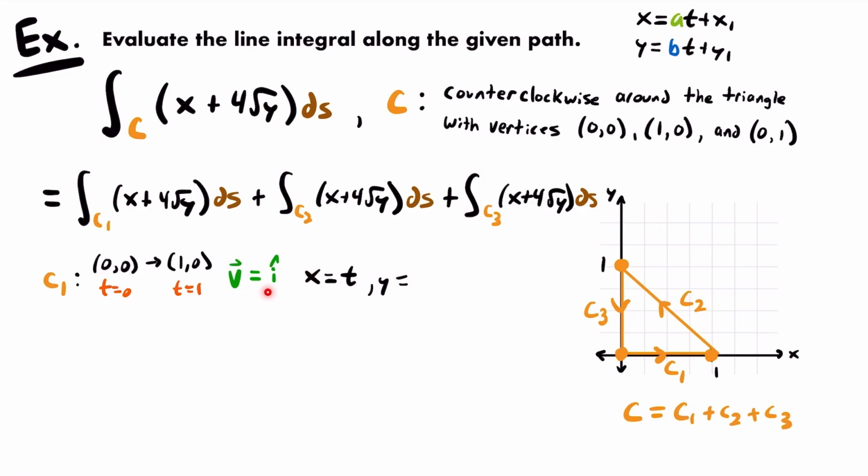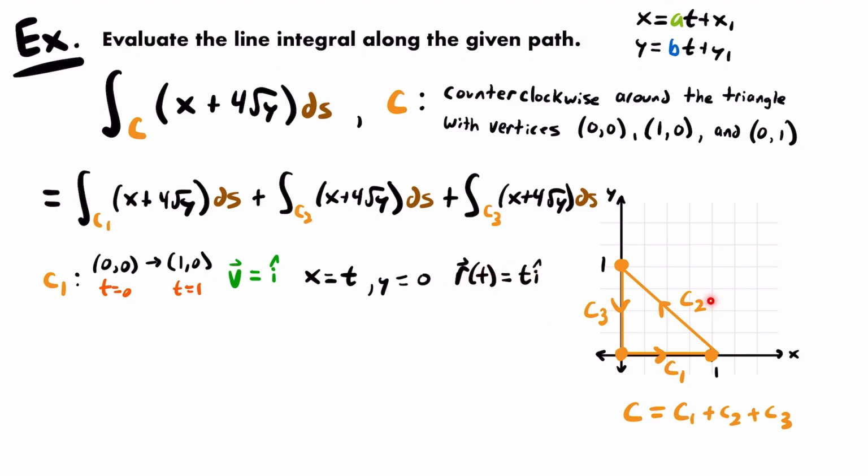The y component of the direction vector is 0. And y1 would also be 0. The y coordinate of the initial point is 0. So you have y equals 0 plus 0, which is 0. So those are the parametric equations for this line. You can create a vector function using those parametric equations. You'll have r of t is equal to t times i, and that's it. We have now parameterized C1.